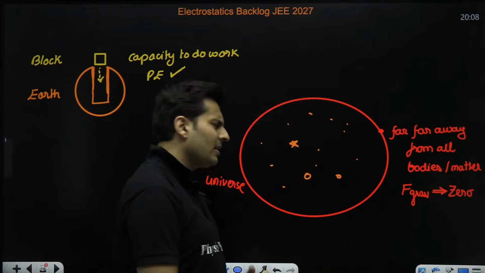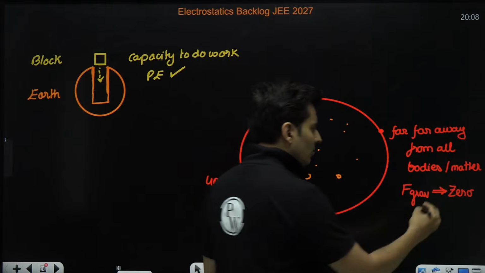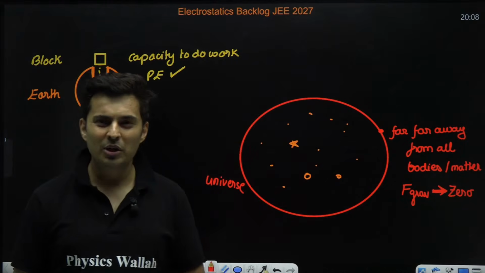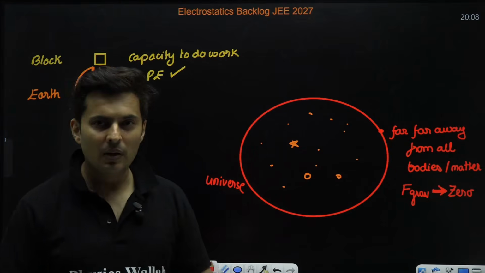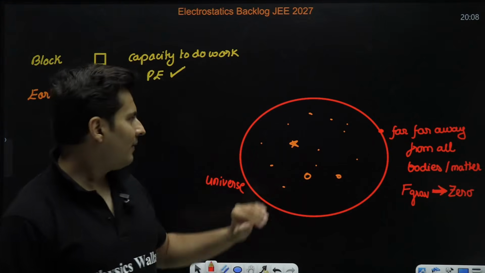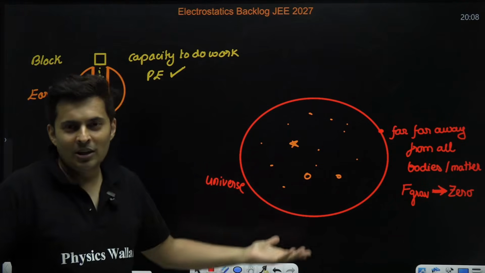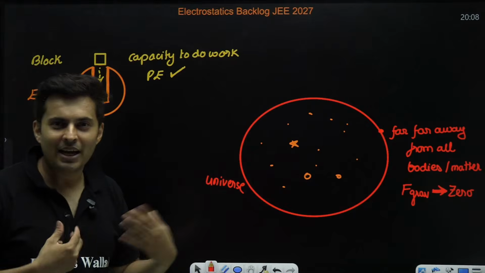Actually, not exactly 0, but it will be tending to 0. So ideally, I should use the tending symbol over here, because equal to means literally equal to 0, but this will be tending to 0. And if I just come outside the universe, it's like I have crossed all the limits. The force can't feel me, I can't feel the force.